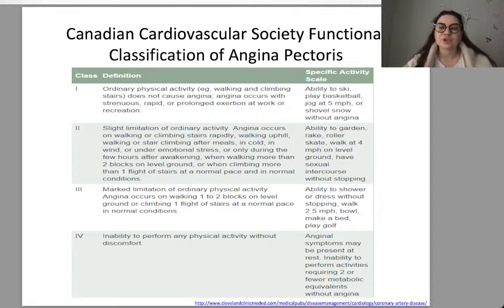And the last, functional class 4, is inability to perform any physical activity without discomfort or chest pain. In such patients, angina symptoms may be present at rest. They are unable to perform activity requiring 2 or fewer metabolic equivalents without angina.